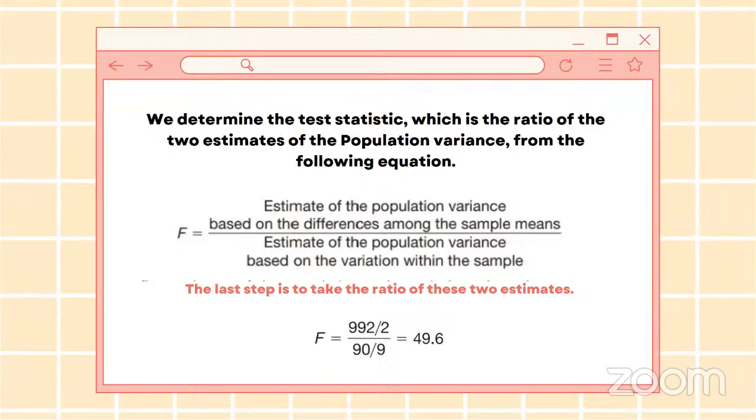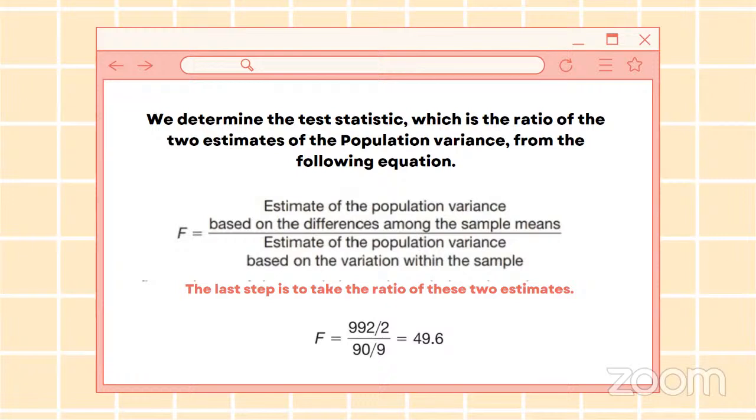We determine the test statistic, which is the ratio of the two estimates of the population variance from the following equation. Estimate of the population variance based on the difference among the sample means. Estimate of the population variance based on the variation within the sample.